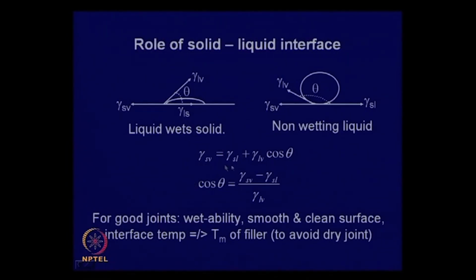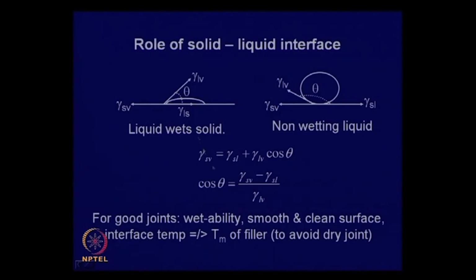This expression is just a simple balance of force. If you balance the force along this axis, then this is the x component of gamma L V, gamma L V cos theta, and they must be equal.